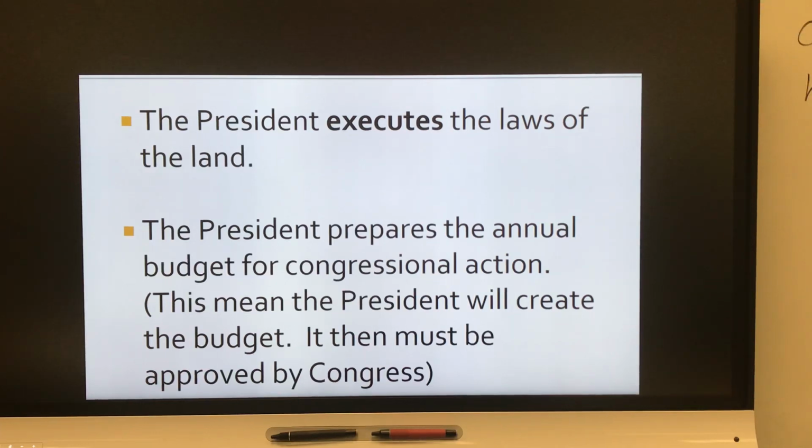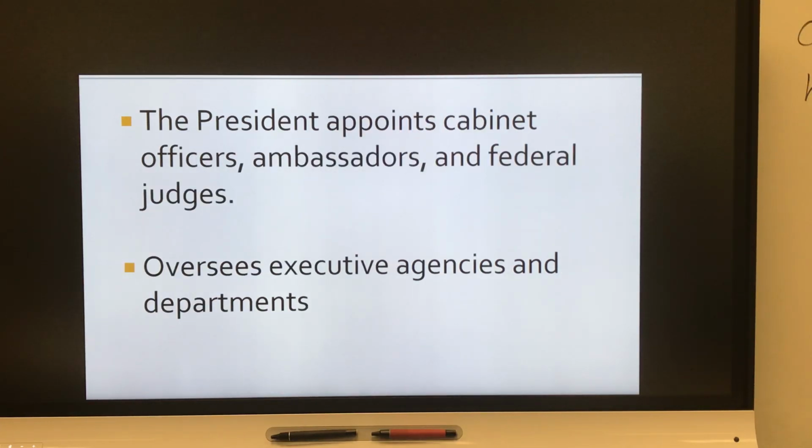Okay, and on the next slide, it says the president also appoints cabinet officers, ambassadors, and federal judges. A cabinet officer is actually up on the wall. It's one of the groups that advises and helps the president. We'll look at this a little bit later on in class. But the cabinet is the president's main advisors.